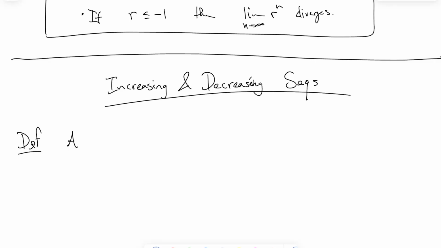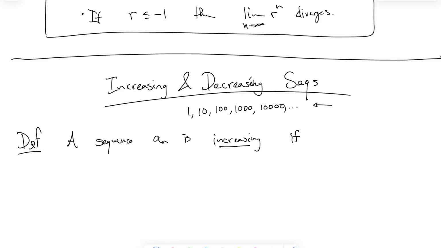A sequence a_n is increasing, and what I mean to say is, it just means that the terms, if you were to write them out, they just keep getting bigger. Something like 1, 10, 100, 1,000, 10,000, etc. This is increasing, right? They keep on getting bigger.